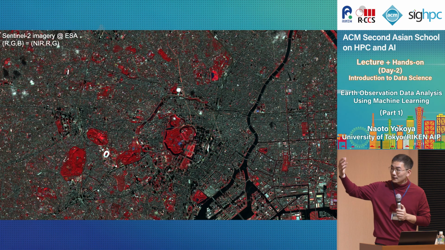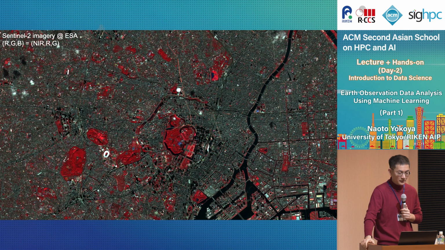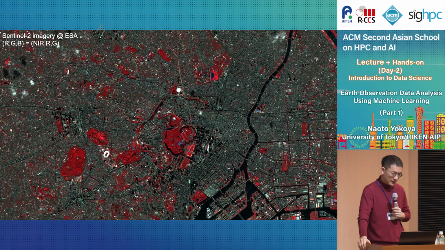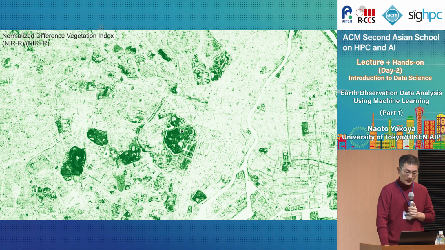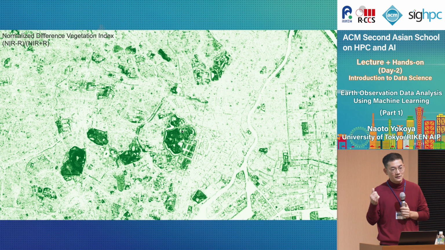If we visualize the image using near-infrared as a false color composite, it looks like this, so that you can better see where the vegetation is. By calculating a very simple index, using the near-infrared range and the red band, we can calculate the normalized difference vegetation index. It is a very famous and simple index to visualize and quantify where vegetation exists.